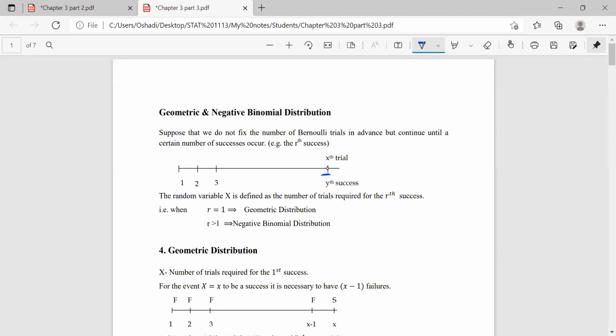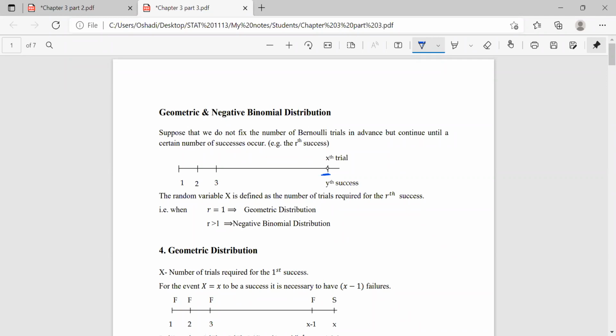So if we continue the Bernoulli trials until the second success, until we obtain the second head, third head, fourth head, in that case the number of successes is greater than 1. It follows a negative binomial distribution.